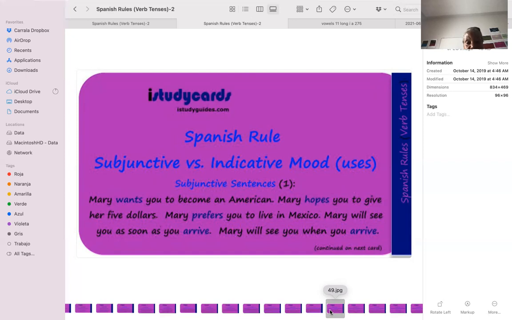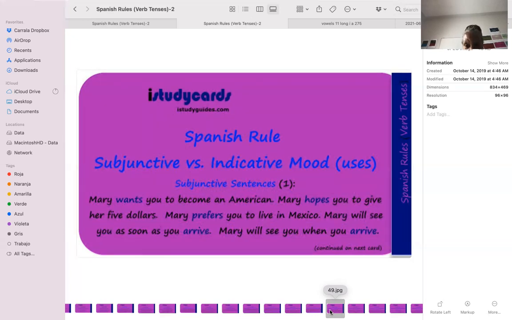But the way it's structured, it's in the infinitive rather than the simple form. Let me structure it the way you would structure it in Spanish. It sounds a little bit funny because we don't structure it that way. Okay, Mary wants that you become an American.